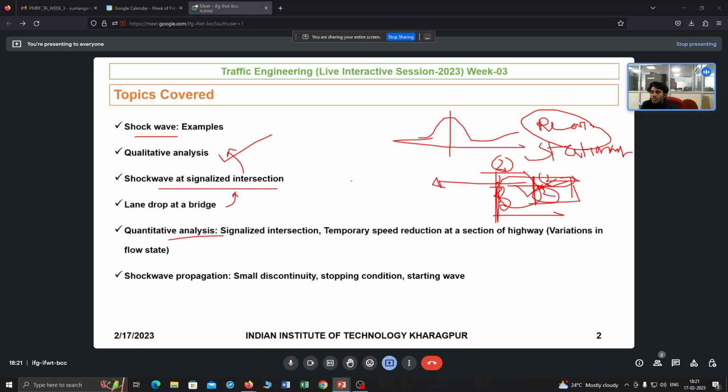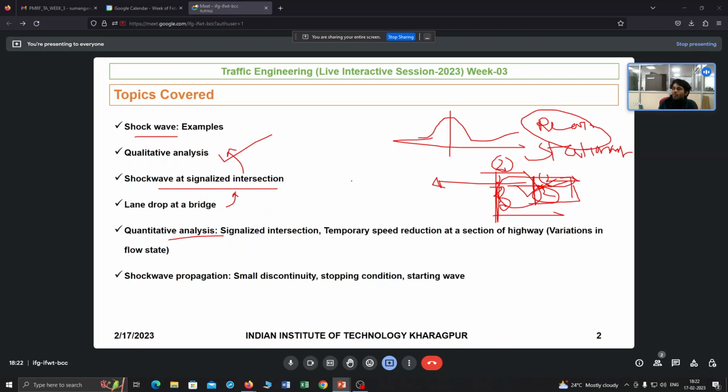Whenever it is stationary, the velocity is zero, right? But whenever it is moving in the forward direction, it has some velocity. So what is that velocity? If you imagine, in case of a red signal at a signalized intersection, during red time what happens? A backward forming shock wave is created at the upstream of the stop line.